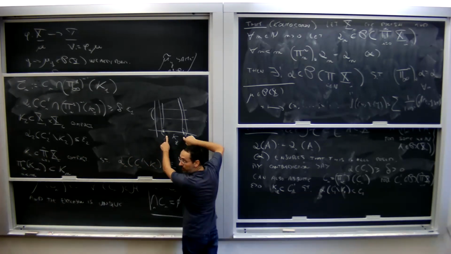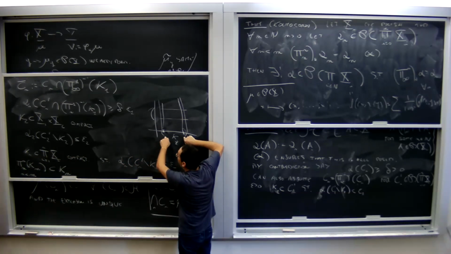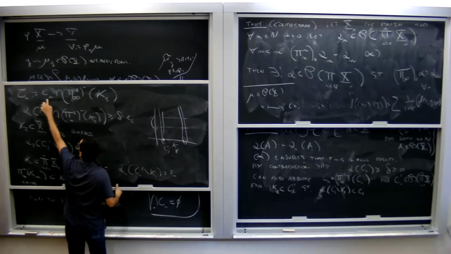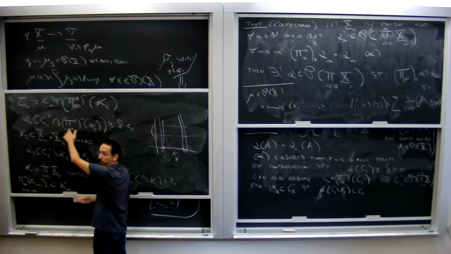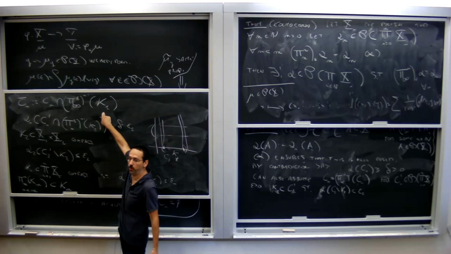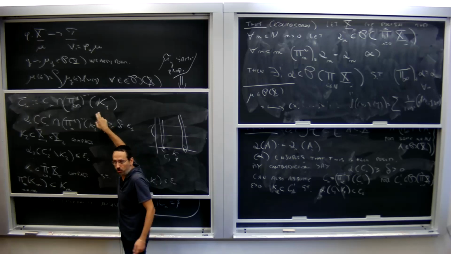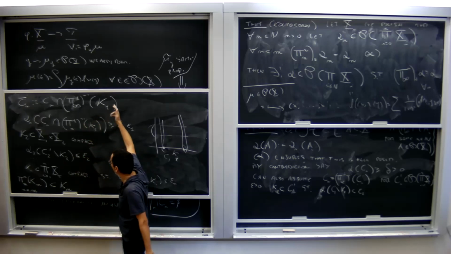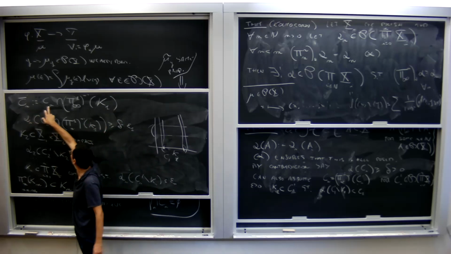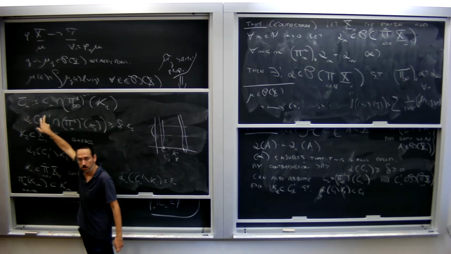I started with K1, the first one. Then I build these new cylinders a little bit smaller, but all of these cylinders have the property that when I project them on the first coordinate, I fall inside K1. So this new set K2, I will actually build inside this intersection.